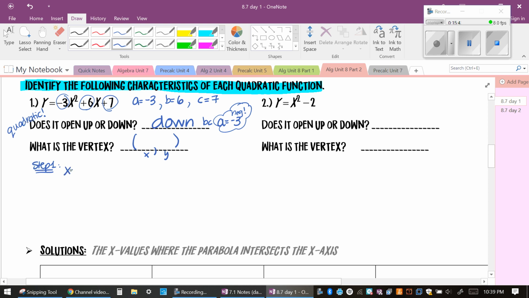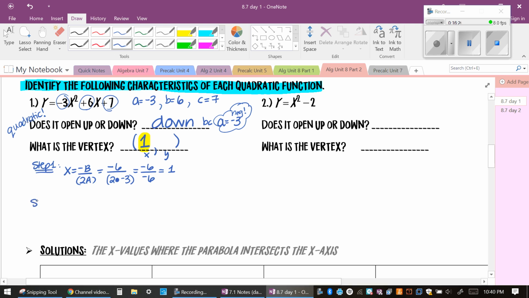Step 1 is to take the opposite of b and divide by 2 times a. b was positive 6, so the opposite is negative 6, and I divide it by 2 times a. I find the denominator, the bottom part of the fraction, which is negative 6, and divide the numerator by the denominator, and I get 1. So that's my x value, 1.